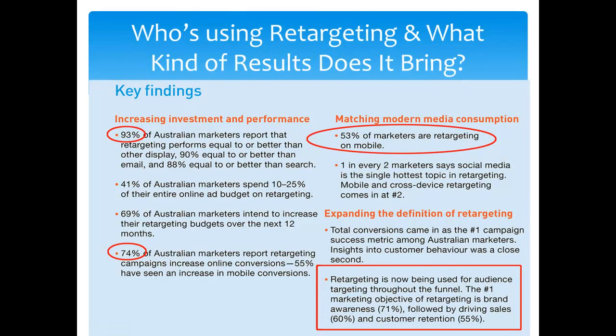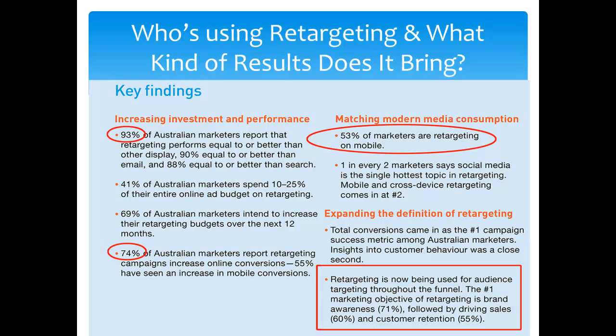So here's some interesting information about retargeting and what kind of results it brings. I've circled some interesting facts here: 93% of Australian marketers report that retargeting performs equal to or better than display advertising, search, and email, and that's a very high number. 74% of marketers have found that it increases their online conversions, and 55% have found that it increases their mobile conversions.